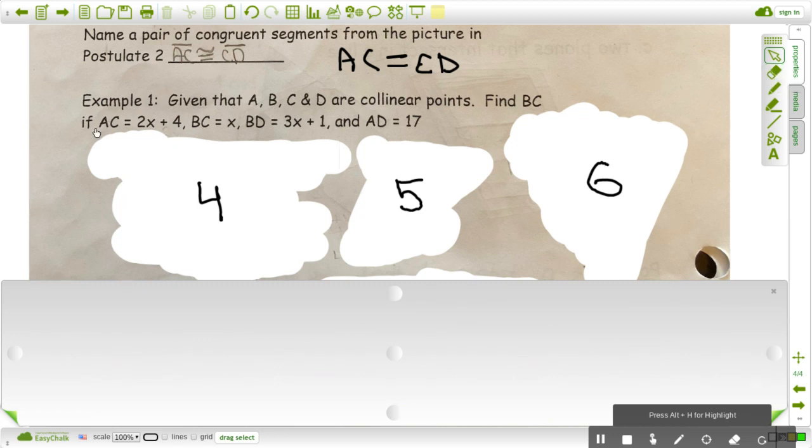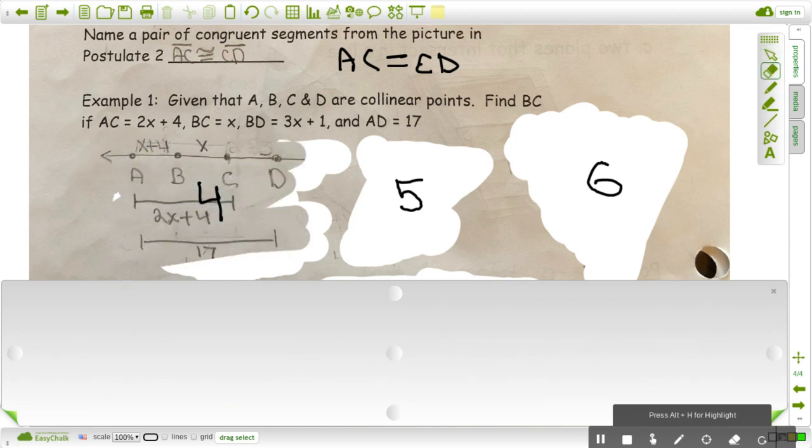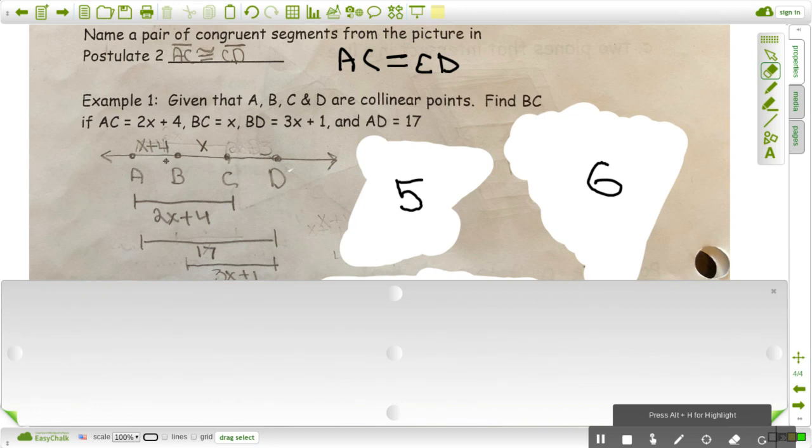you first draw a figure. And this is the way you would draw it. As you can see, you draw a number line, you draw the points. I kind of drew it equally, but it doesn't really matter.